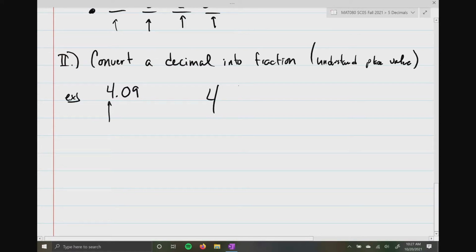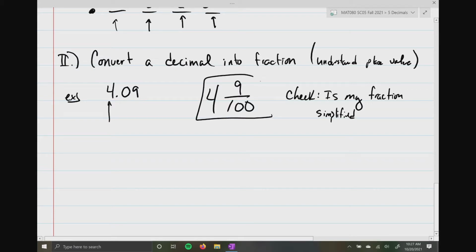So you would write 9 over 100. The only thing you got to check is my fraction simplified? For us, the answer is yes. Okay? So there's the first one.